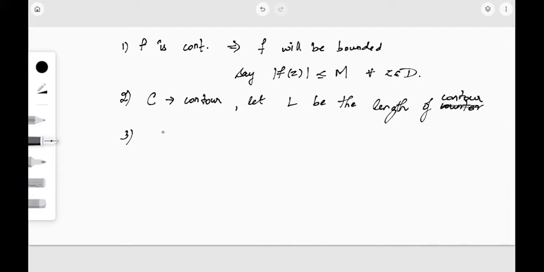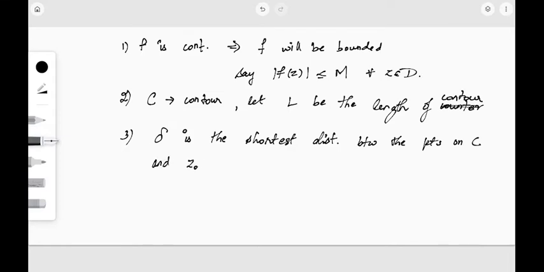And the third thing that we are going to keep in mind is delta is the shortest distance between the points on the contour and z dot, the point that we have to find the value at.